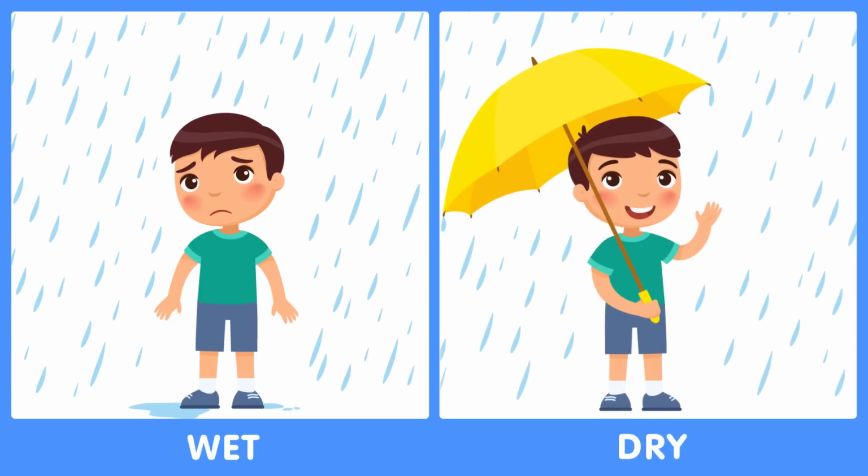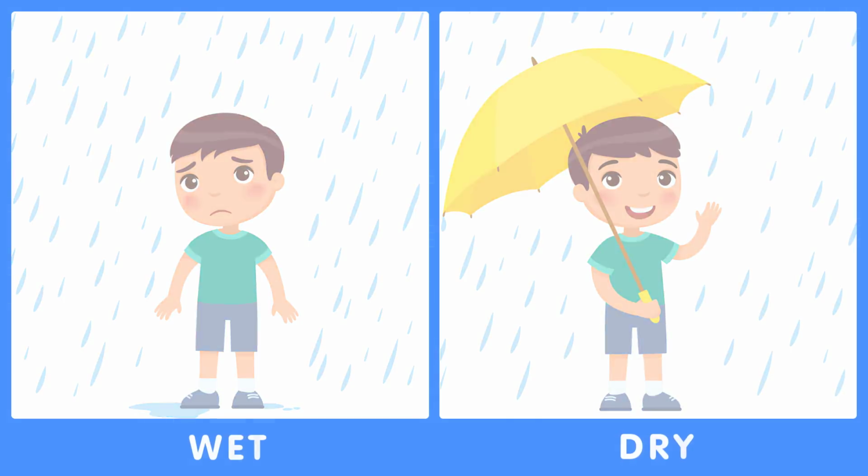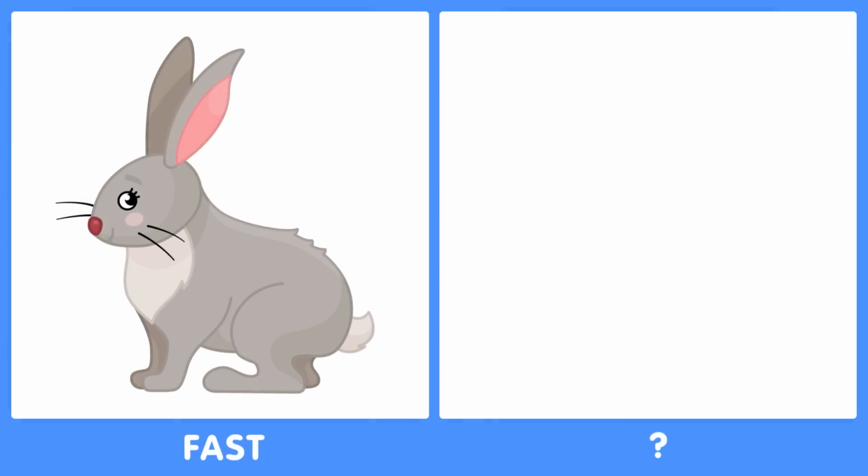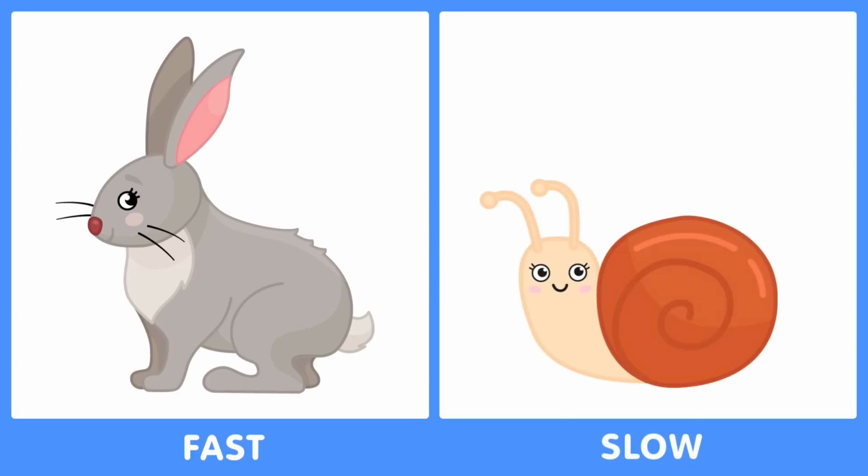The opposite of wet is dry. The next word is fast. The opposite of fast is slow.